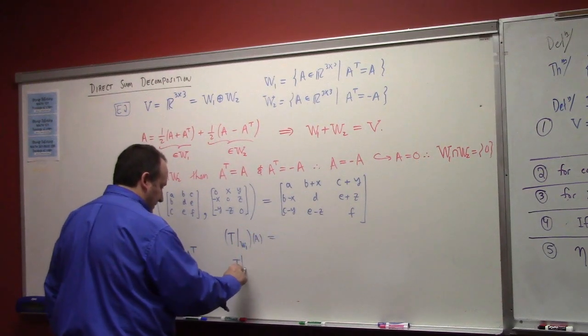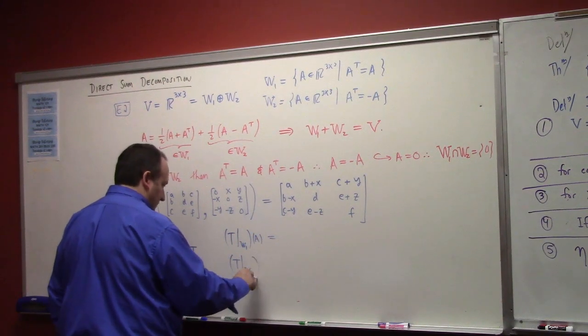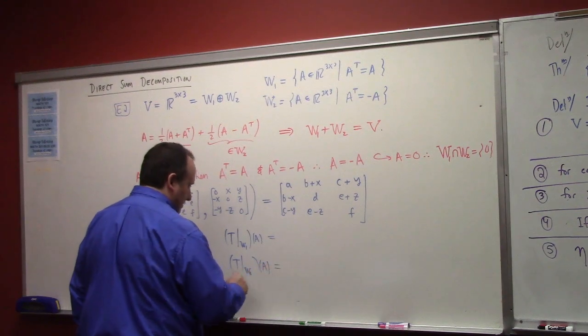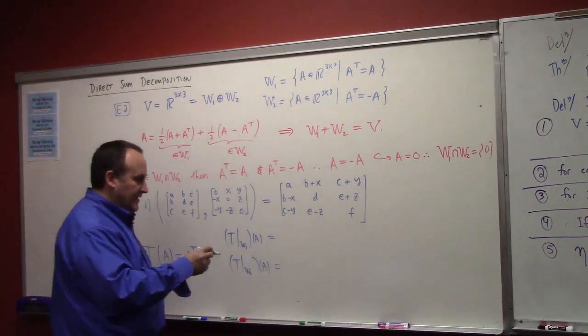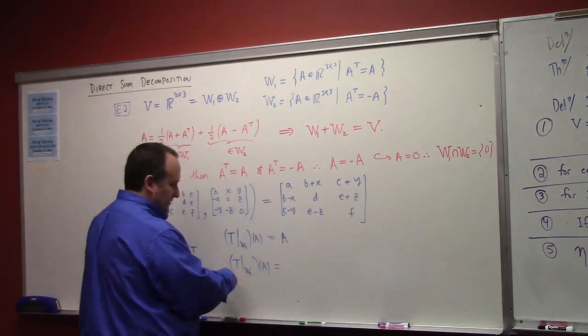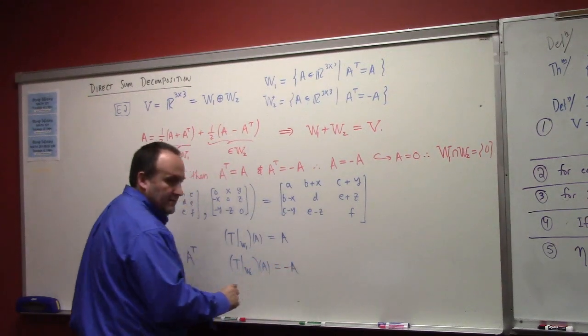What's T restricted to W2 of A? Well, W1 is the set of symmetric matrices, so if T is the transposition map, it's just equal to A again. And this one's just equal to minus A again.